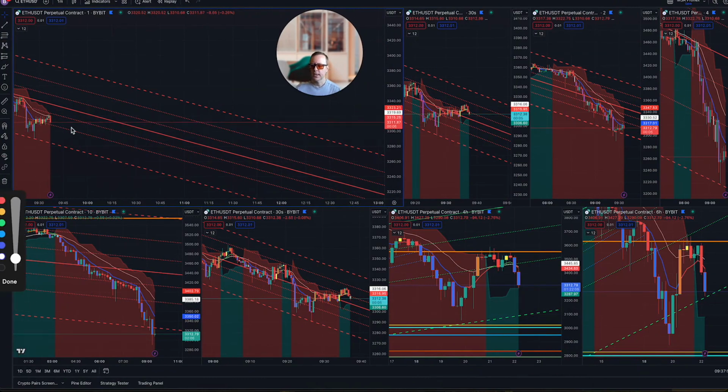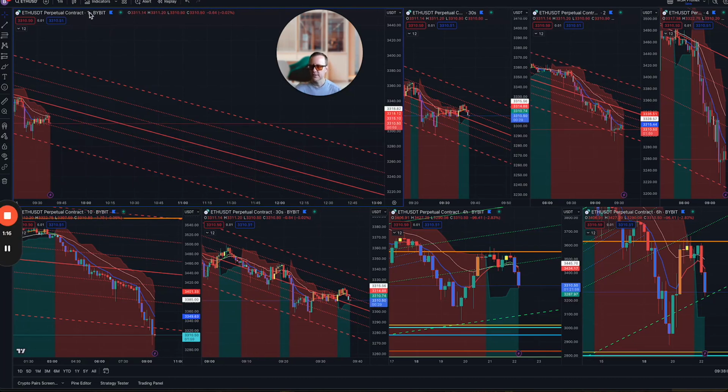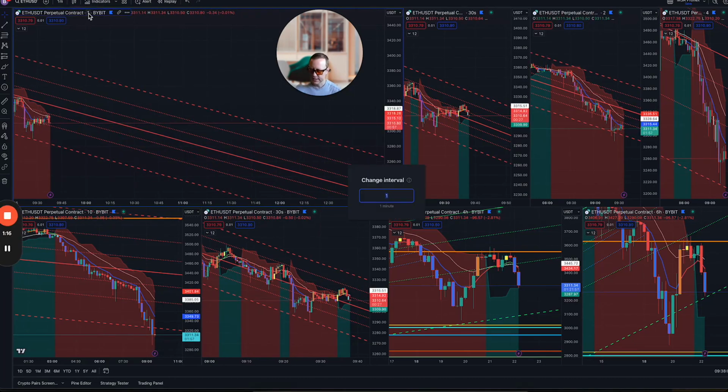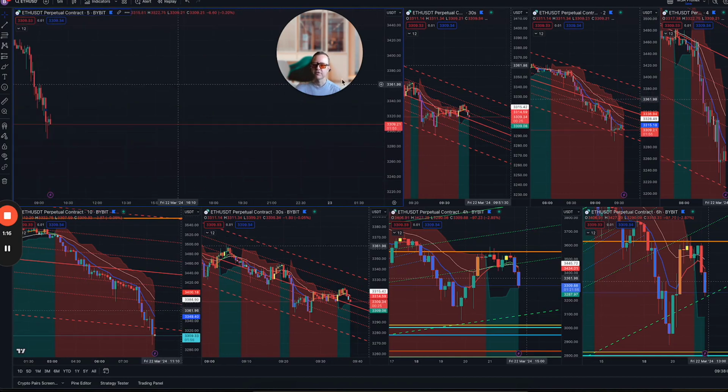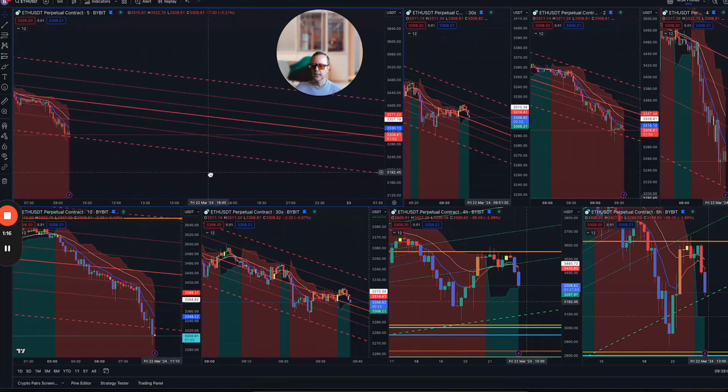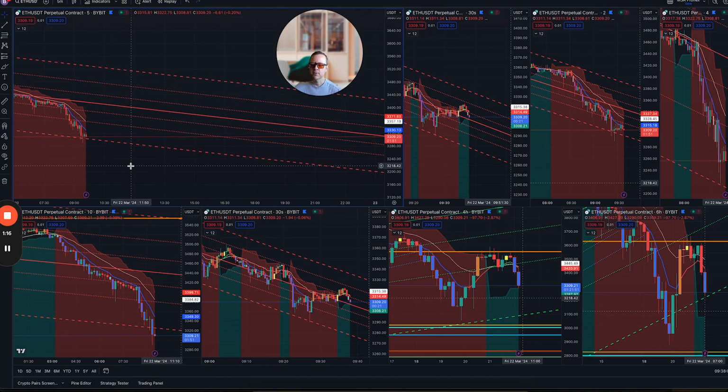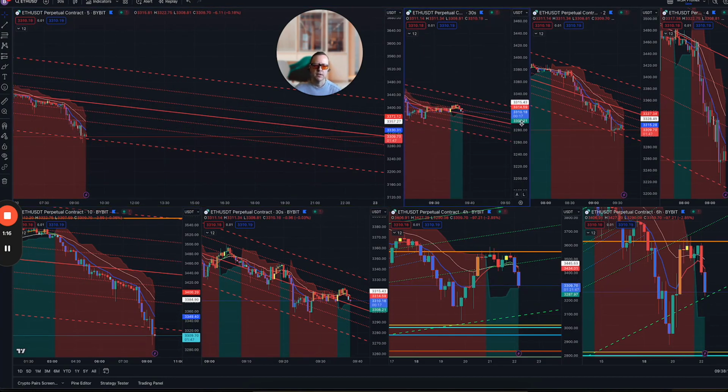So what I'm looking at here is a big trend, right? I'm sorry, that's the 1 minute. Still kind of interesting to know where it's at on the 1 minute. I usually like to have my 5 here, so I can see where I'm at. We're at the bottom of a 5, so we could see a bounce.